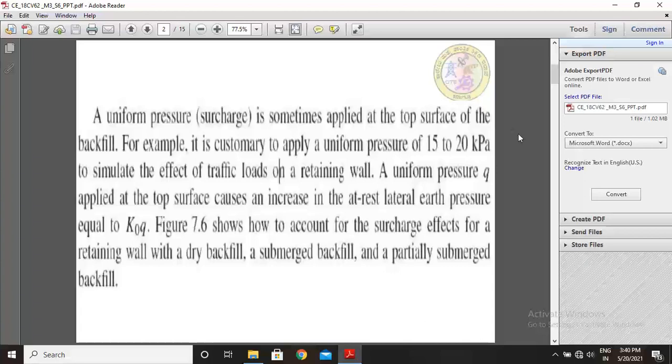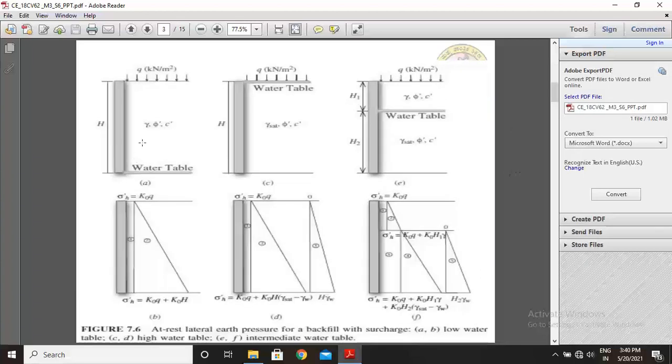So based on these three conditions, if the surcharge load occurs, how do we plot the lateral pressure distribution diagram? Let us see. This is figure 7.6.